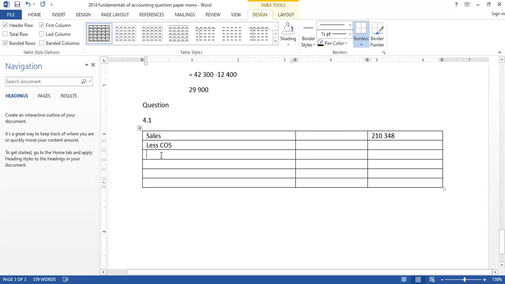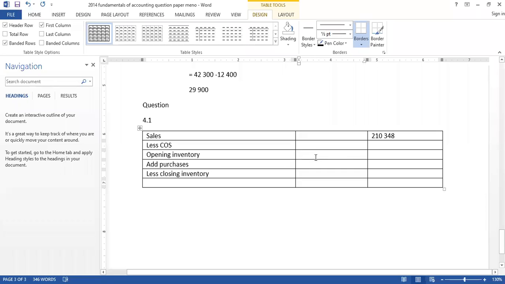We know that cost of sales is calculated by taking your opening inventory, and then you add purchases, and then from there you less your closing inventory.